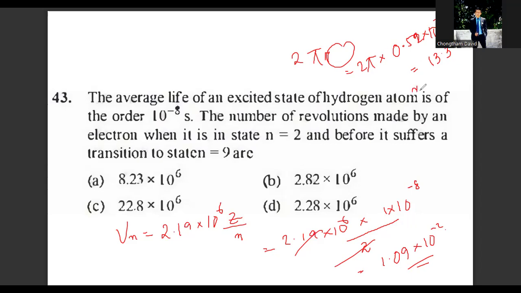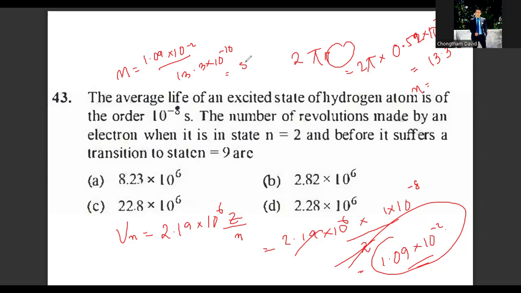And the number of revolutions, let us say n, would be, you divide these two values. Let me write it here. Number of revolutions would be 1.09 into 10 to the power minus 2 divided by 13.3 into 10 to the power minus 10 angstrom. So the numerator has minus 8, the denominator is larger, so approximately 8.22 into 10 to the power 6. So this value corresponds to option A, the answer to question number 43. I hope it is understood.